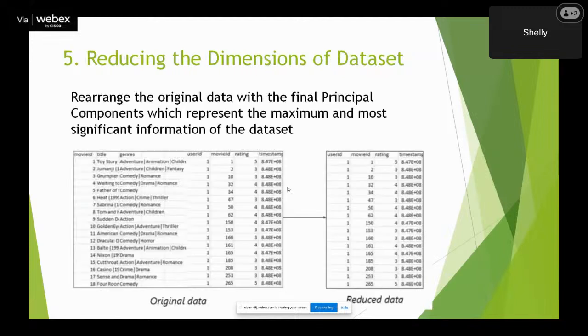And finally, we are on to our last stage, where we get the reduction in the dimensionality of the data set. We rearrange the original data with the final principal components, which represent the maximum and most significant information of the data set. And finally, we get data of reduced dimension.